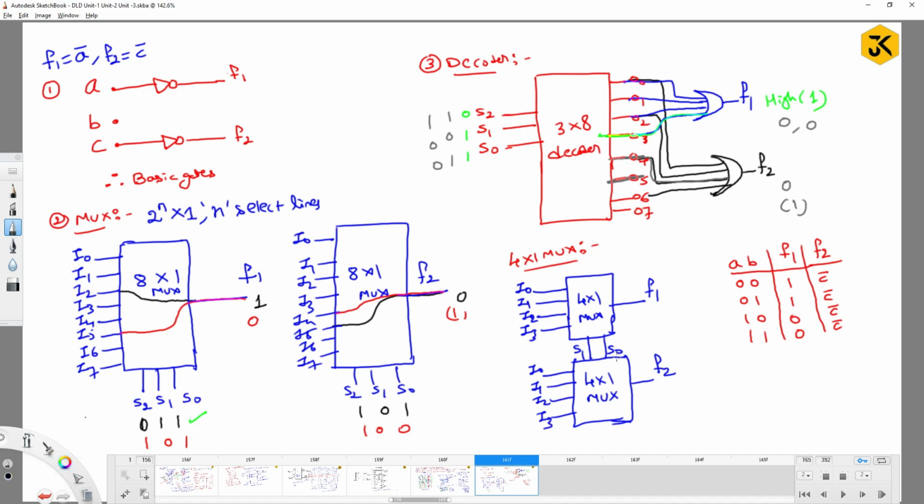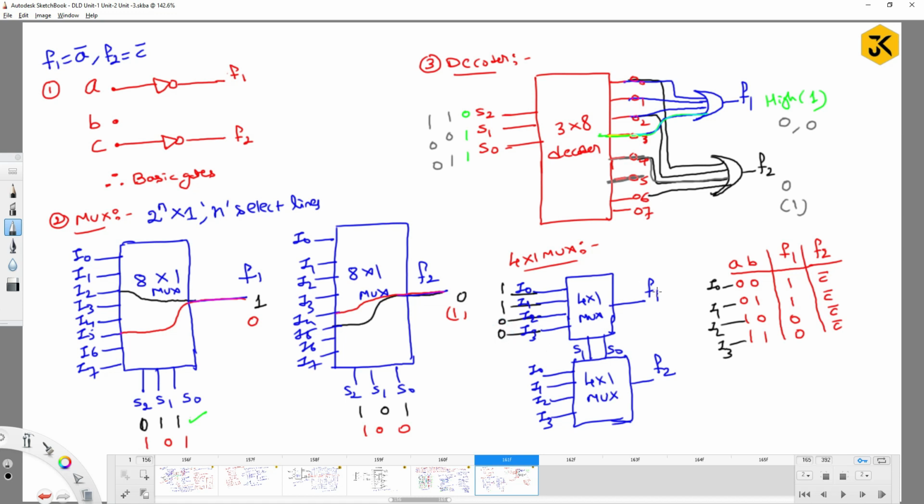Now to get the output F1, you have to pass 0 0 as 1, 0 1 as 1, and 1 0 as 0, 1 1 as 0. Now can I make it as I0, I1, I2 and I3? Yes. So I0 value is 1, I1 value is 1, I2 value is 0, and I3 value is 0.